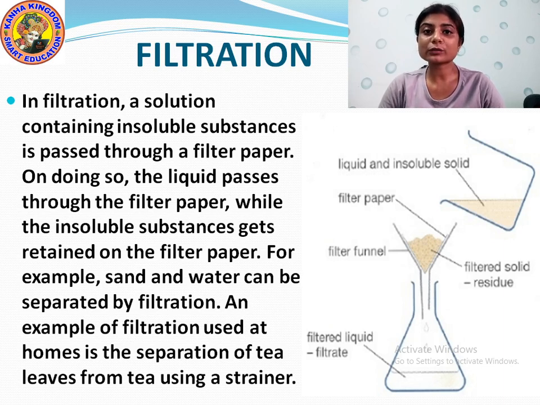In this process, what happens when you take a filter paper into a funnel, a filtering funnel, and you pour that solution of the insoluble substances? The clean water will pour down, and the precipitate, the insoluble substance, will be left on the filter paper.